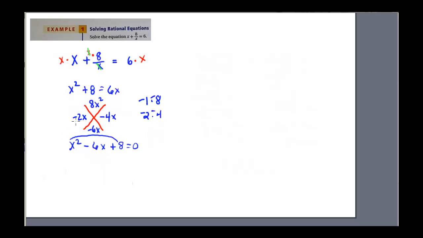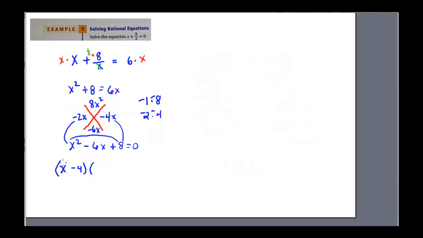Now what I need to do is find the common factor between x squared and negative 2x. That common factor is x. I need to find the common factor between negative 4x and 8. That common factor is negative 4.